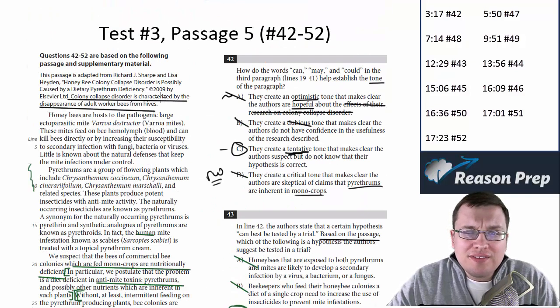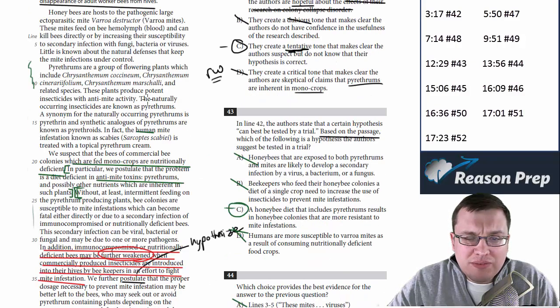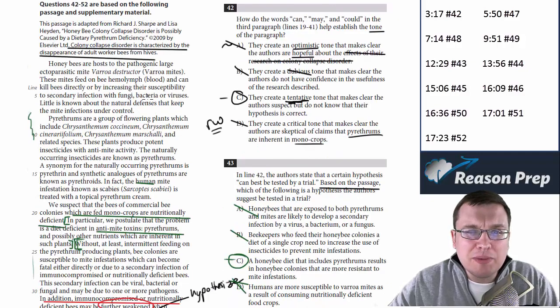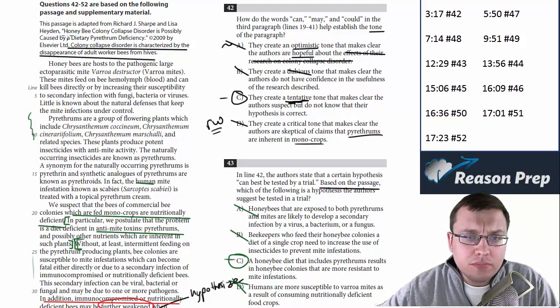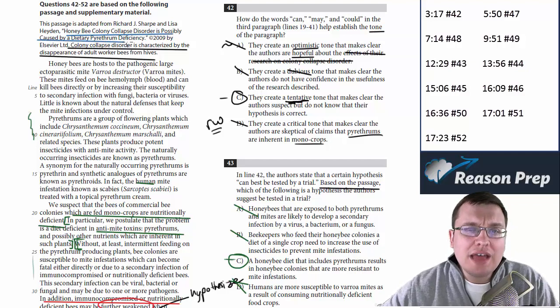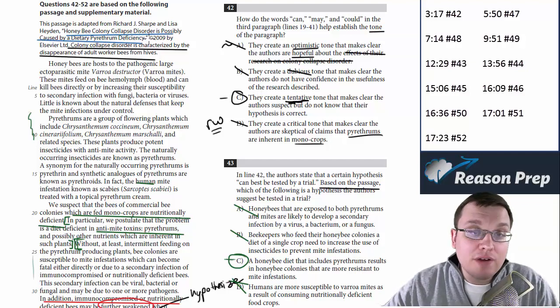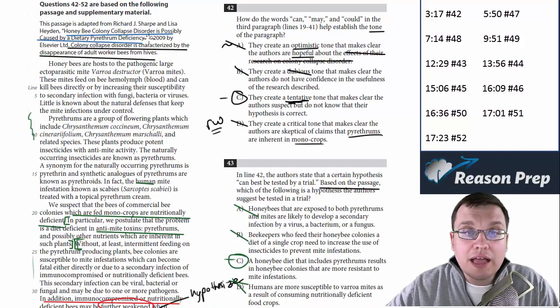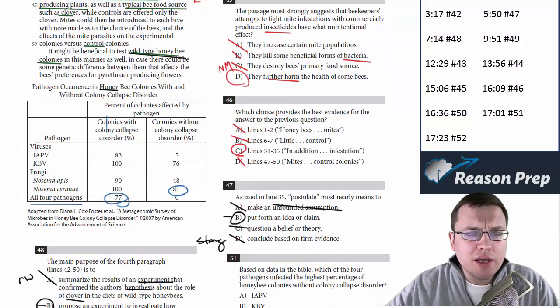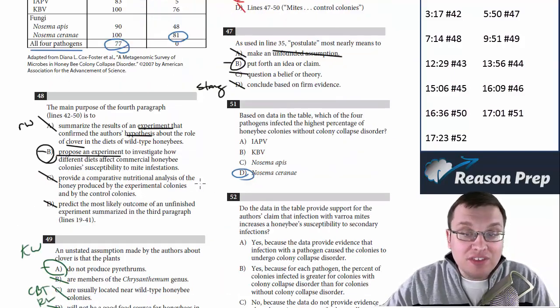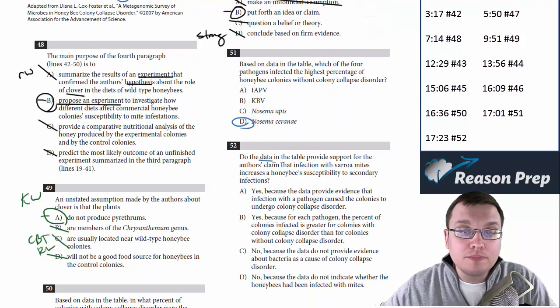And I think they said the Varroa mites... I mean, they don't even say anything in this passage, to be honest. I mean, I guess they do, right? By the title of it, that the lack of pyrethrum might ultimately cause the honeybee colony collapse disorder. But nothing in this table, right? This is based on the data in the table.